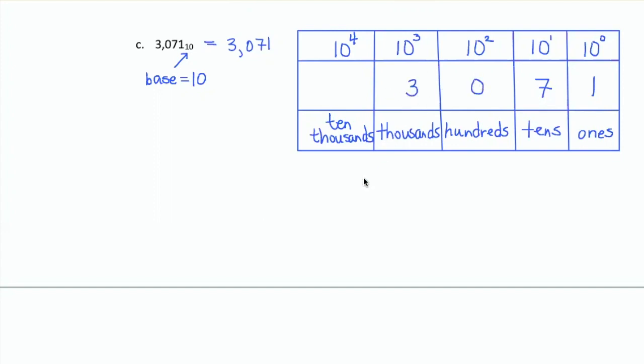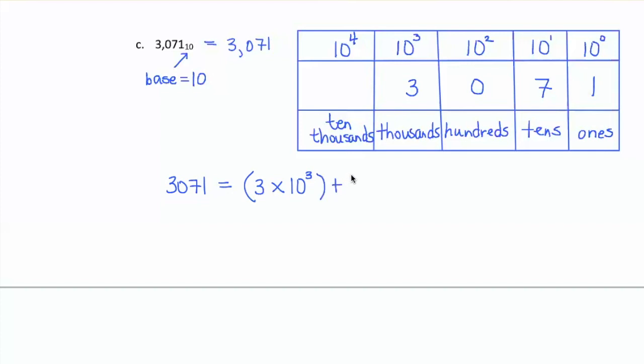If I were to ask you to write this as powers of your base, you would begin here in this column, and notice we said we have 3000s. That's the same as saying I have 3 times 10 to the power of 3. Because remember, 10 to the power of 3 is just 1000. I have 3 times that.